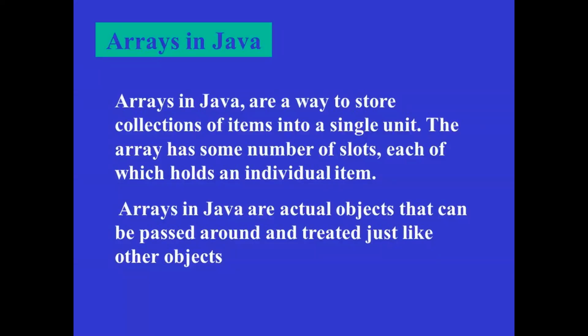Please, guys, look on the next slide. It presents the following information. Arrays in Java are a way to store collections of items into a single unit. The array has some number of slots, each of which holds an individual item.